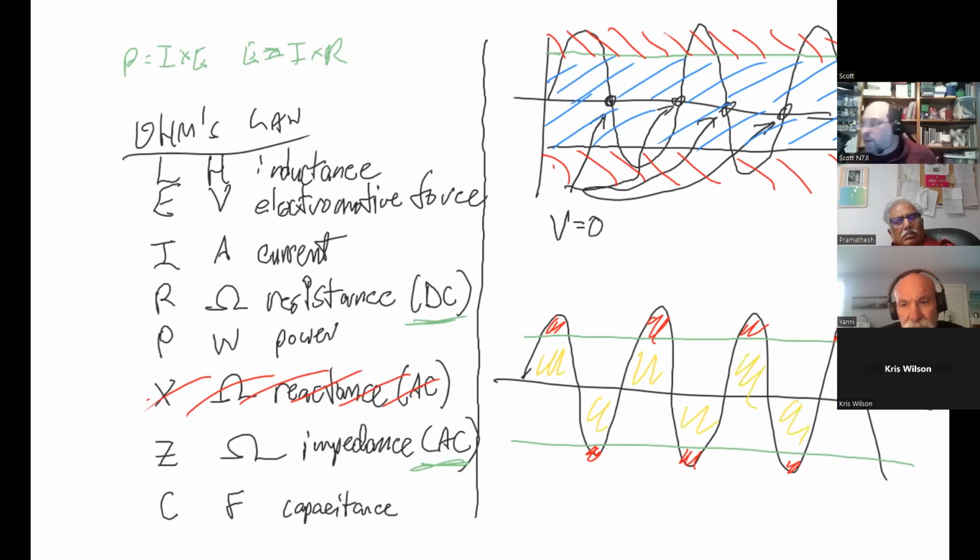Does everybody agree with that? When the voltage is lower than 120 volts, we can't make as much power because math says we can't. And when it goes through 0, we don't make anything at all.